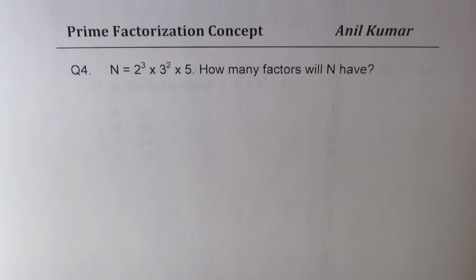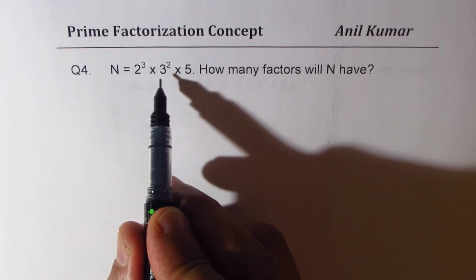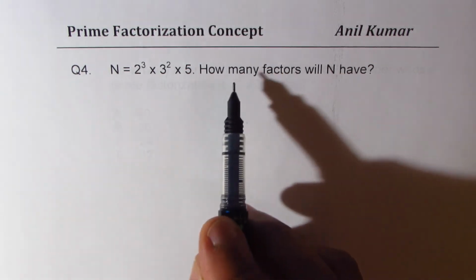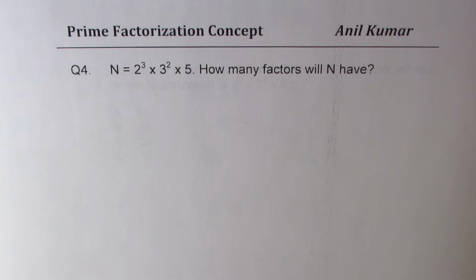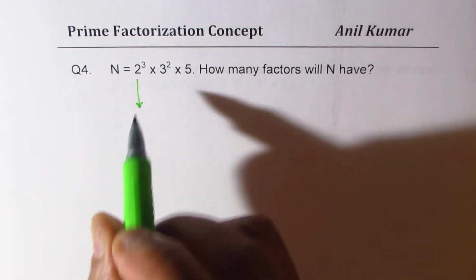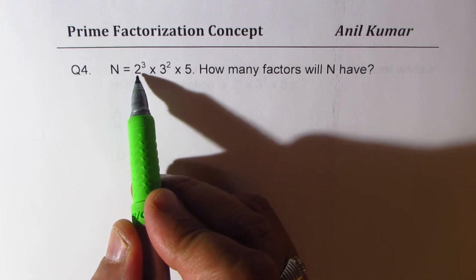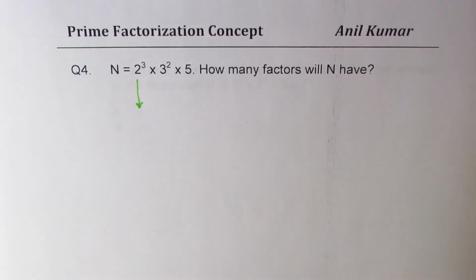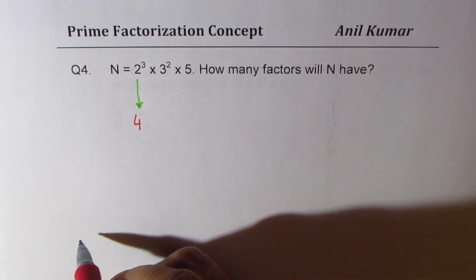So in this particular case, we are given n as 2 cubed times 3 squared times 5. We need to find how many factors n will have. Now, as far as 2's are concerned, we may take no 2, or we may take one 2, two 2's, or three 2's. So we have 4 choices, correct? So for 2's, we have 4 choices.